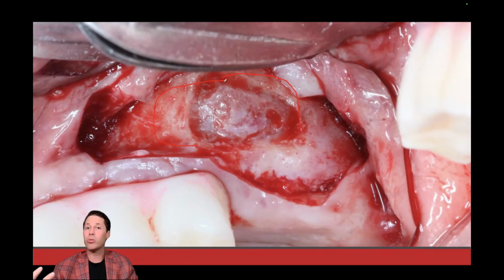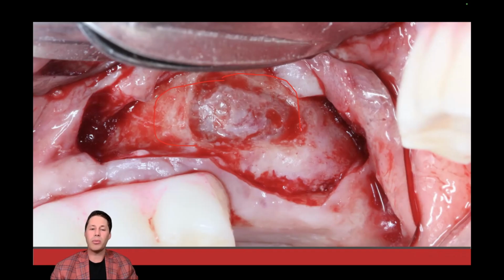In terms of access techniques, there's two different choices in terms of instrumentation to use. I prefer rotary instrumentation. I tend to use a number 8 or number 10 diamond burr, and I go until I see the gray hue of the Schneiderian membrane. Some people may elect for a piezosurgery unit. What I find in my hands is the piezosurgery unit takes too long.